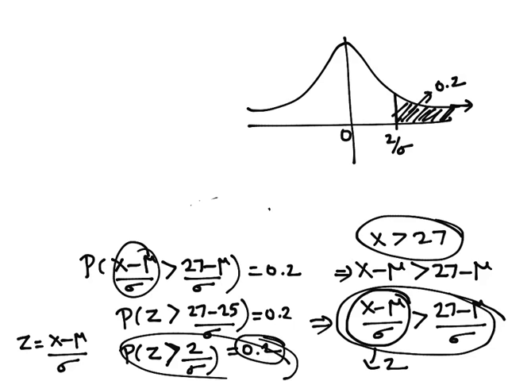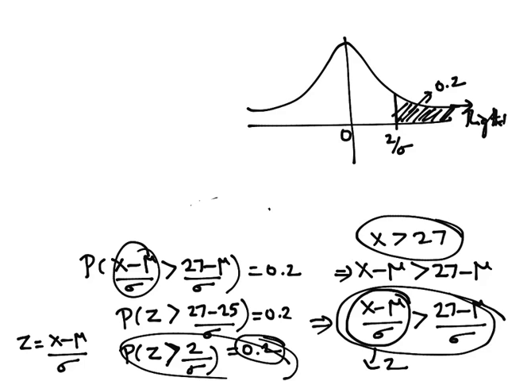Now the tail is right. You have the area, you need to find the value. So go to distribution, go to normal, go to inverse normal. The tail is right, the area is 0.2.